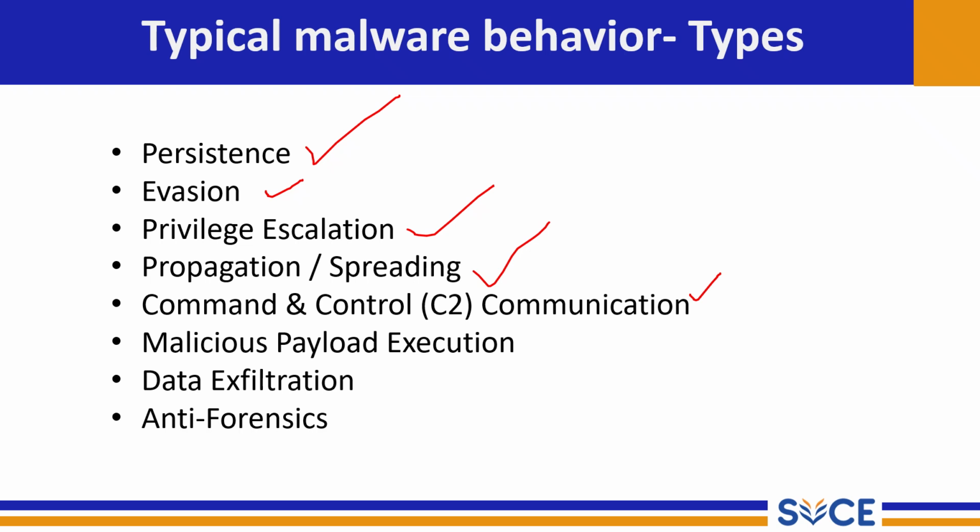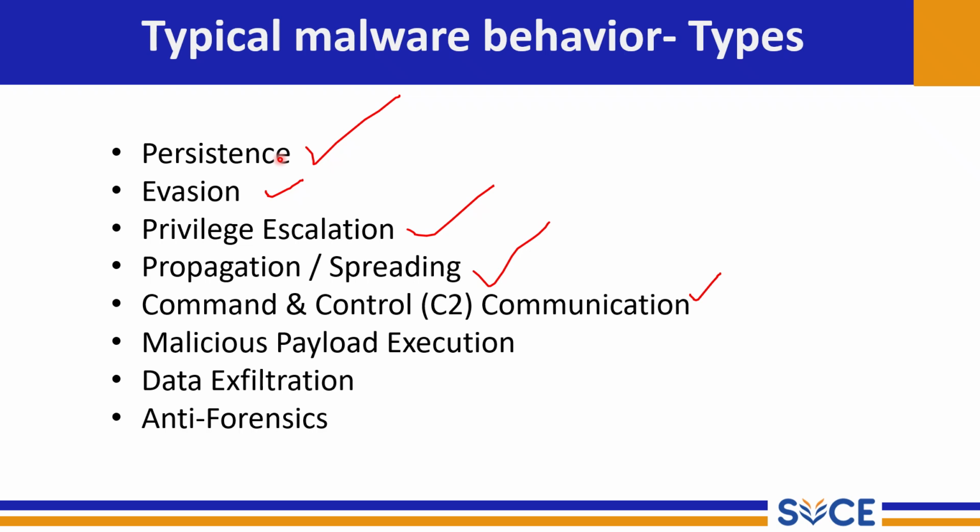Okay. And one more time, I just want to add some points to evasion. Evasion has techniques like obfuscation. The malware can obfuscate its code to make it more difficult to understand and analyze. This can involve using encryption, compression, or other techniques to hide the true nature of the code.